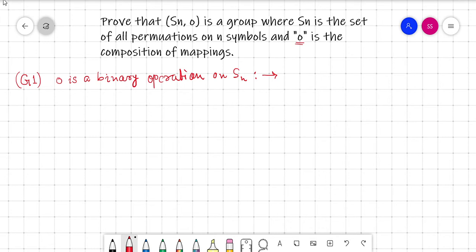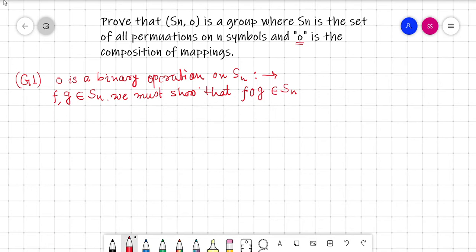So take 2 elements, for example, say f and g. f and g are 2 elements of Sn, and we must show that their composition, f composition g, is also an element of Sn. So let us prove this one.